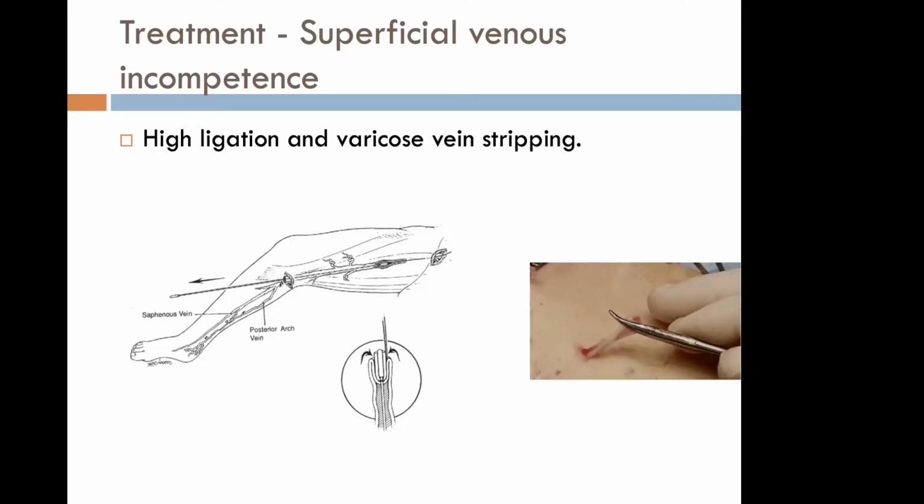Now, if this great saphenous vein was incompetent, or rather had incompetent valves, and was the cause of the chronic venous hypertension, if you've removed it, then the patient's symptoms will be addressed. And you'll notice that not all varicose veins will be in this distribution.